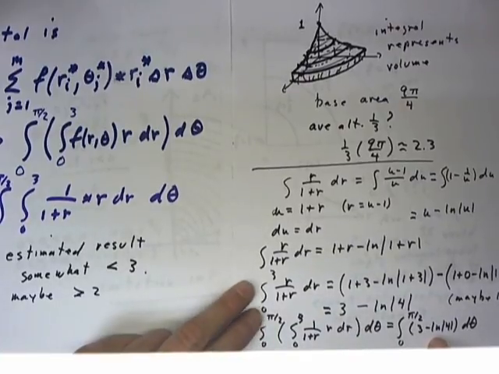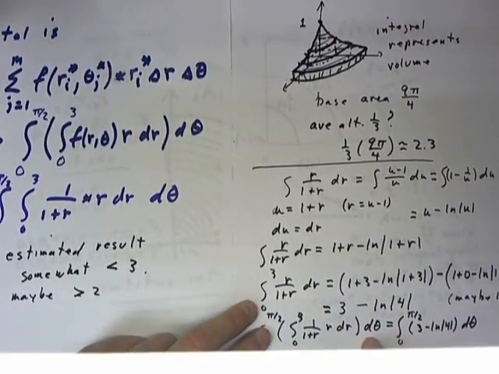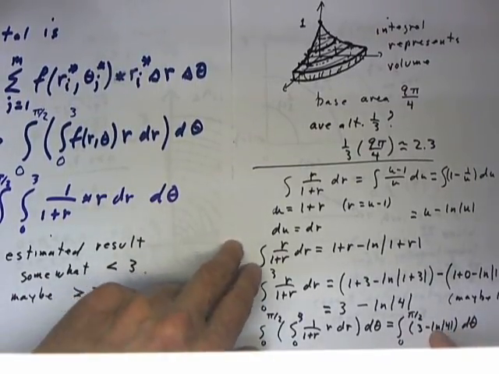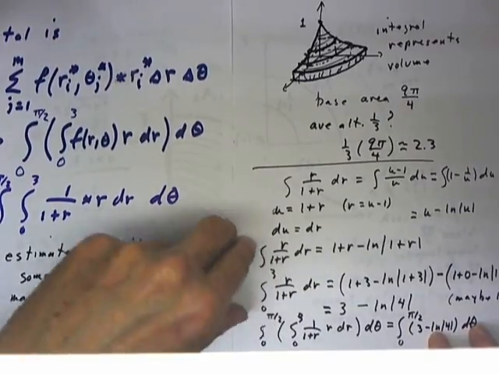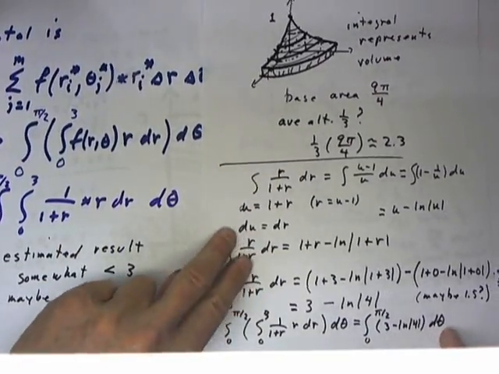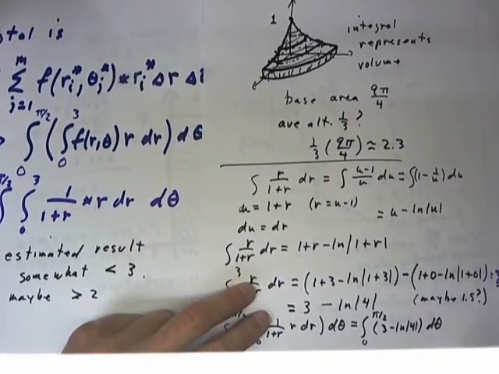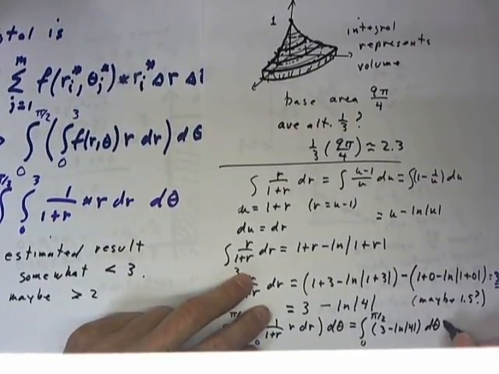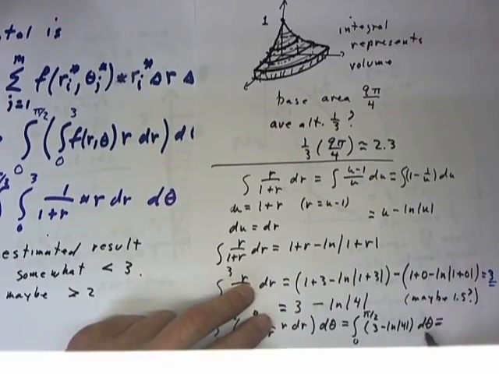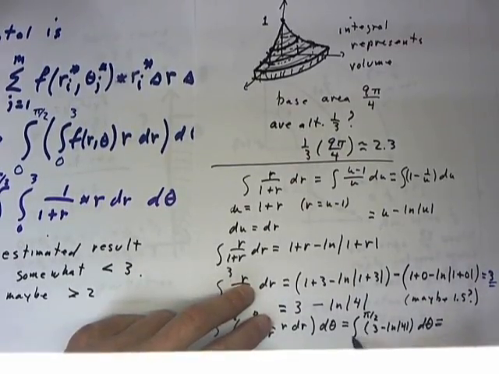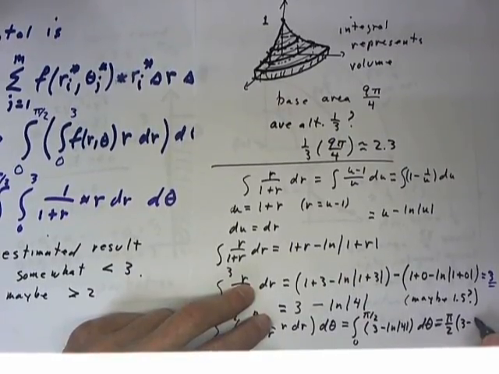Well, the integral of a constant with respect to theta is just the constant times the integral with respect to theta. The antiderivative of d theta is theta. So what we end up with here, and I'm kind of having to squeeze it in, is that the integral from 0 to pi over 2 of d theta is just pi over 2. So what we get is pi over 2 times 3 minus the natural log of 4.